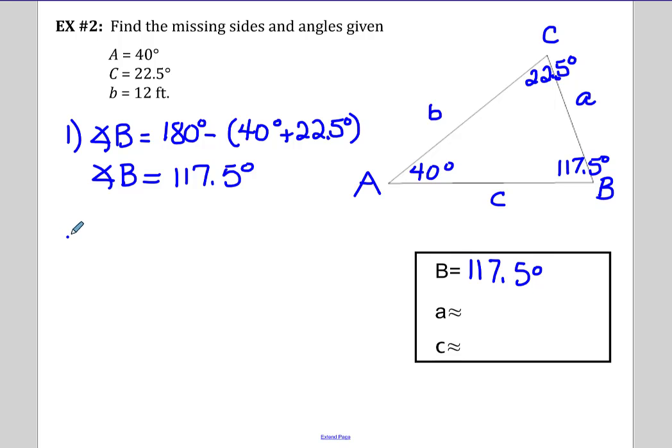Next, we want to set up our ratios. So I have side B, which is 12, and that's 12 feet.